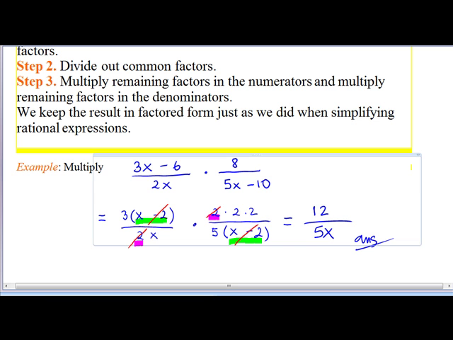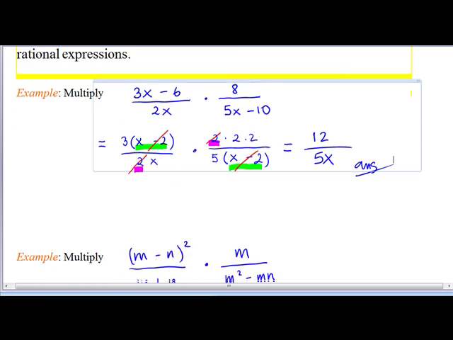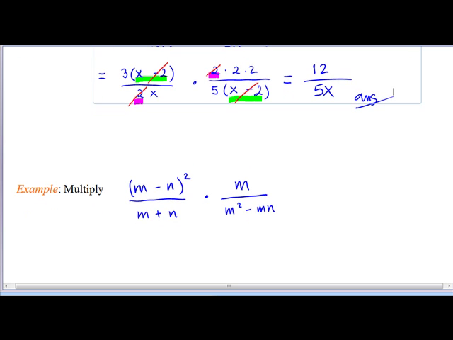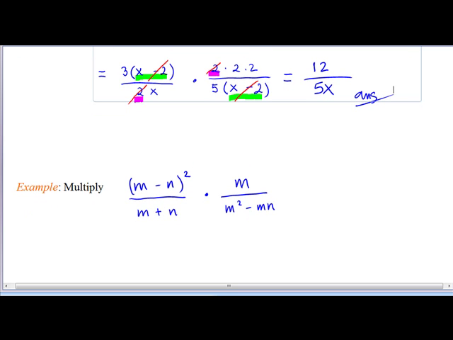Let's look at one more example. I'd like to multiply these two rational expressions. So we do the same thing. Step 1 is to factor all the numerators and all the denominators. So this here I can rewrite as m minus n times m minus n.